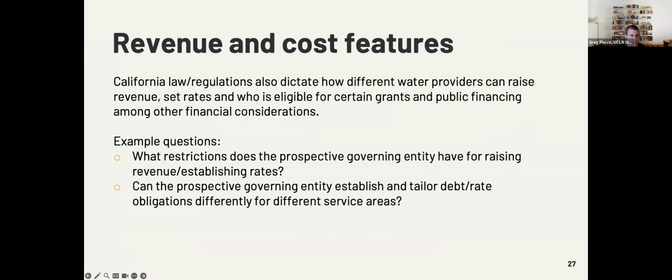Next slide. Then we come again to 3 sets of, let's call them loosely, financial considerations. First and foremost, we'll cover the revenue side of things and recognize that under different governance types of systems, there are different authorities and responsibilities and ways of raising revenue, requirements for raising revenue, and establishing rates.